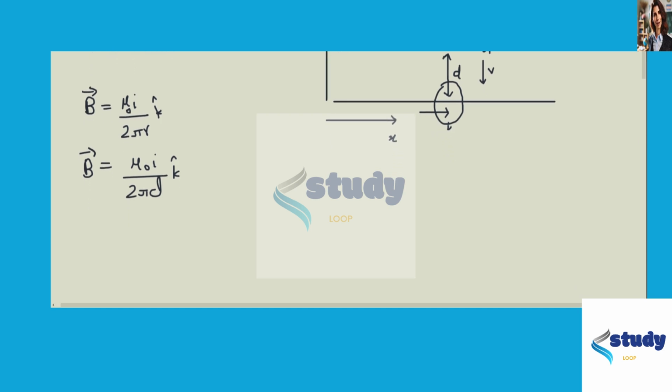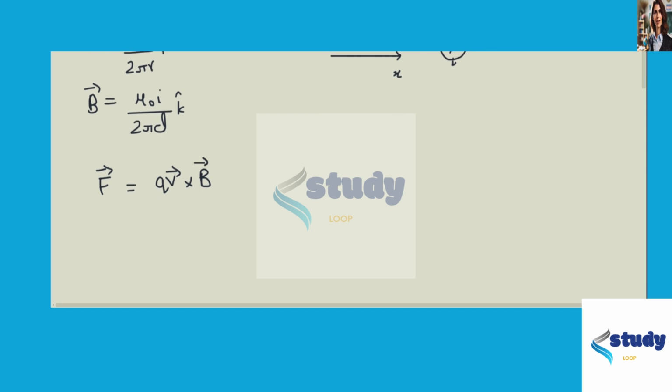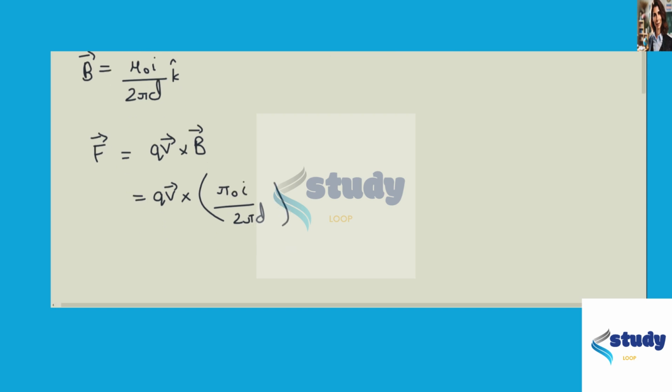Now we can substitute B into our formula for F, so that gives us Q V cross B. That gives Q V times mu naught I divided by 2 pi d times k hat.